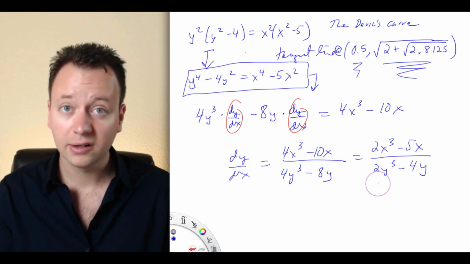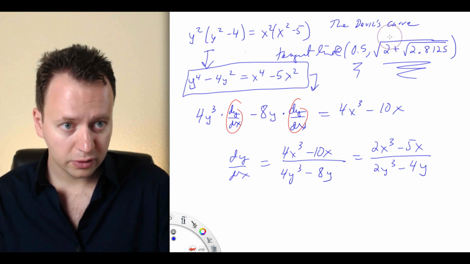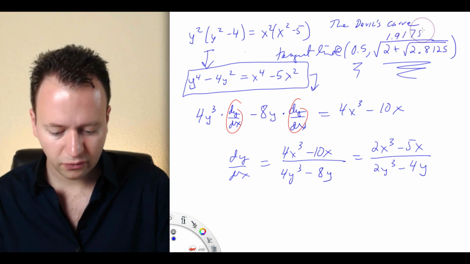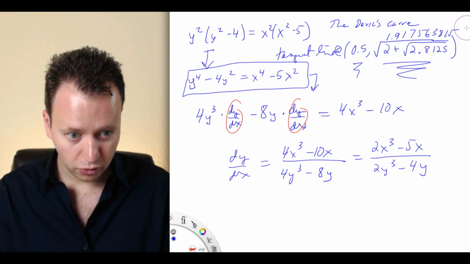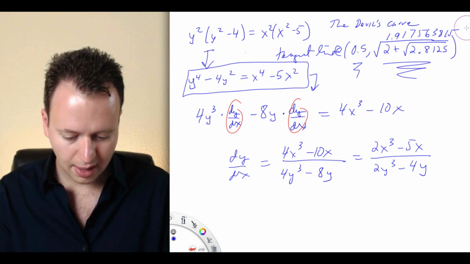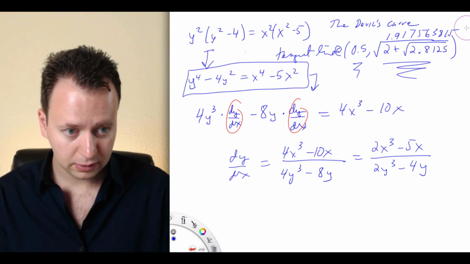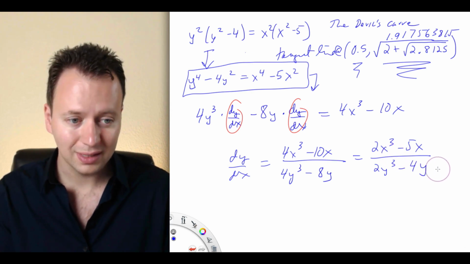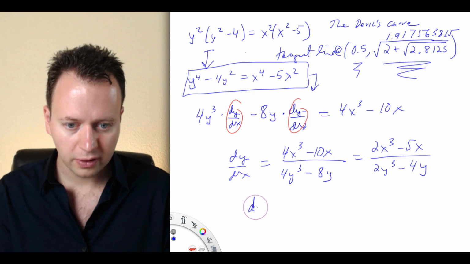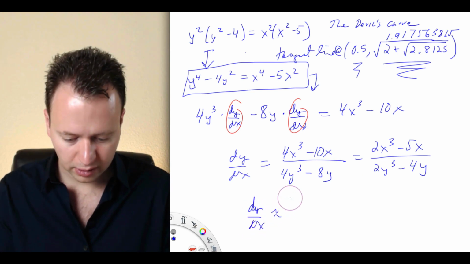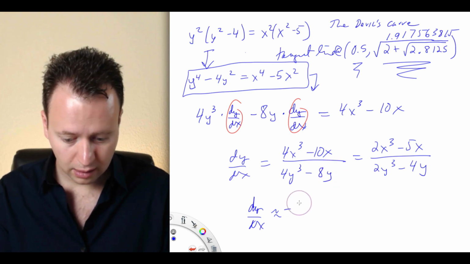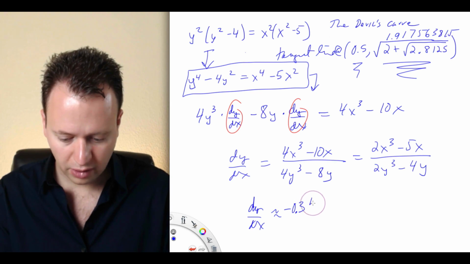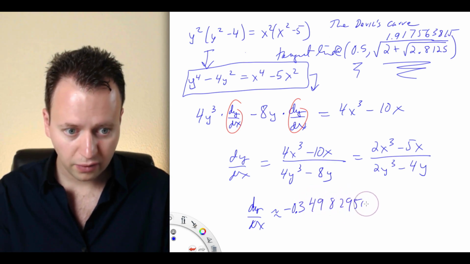So the y value is approximately 1.917563815. Store that. Now that cubed times 2 minus 4 times that, so the denominator here is going to be approximately 6.4317. So this ratio gives me a dy dx of approximately negative 0.349829501.